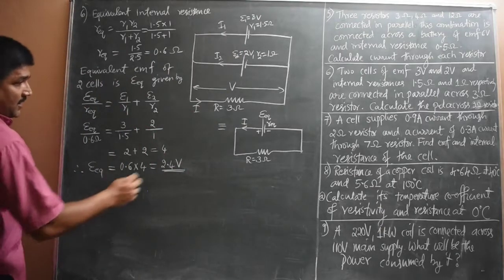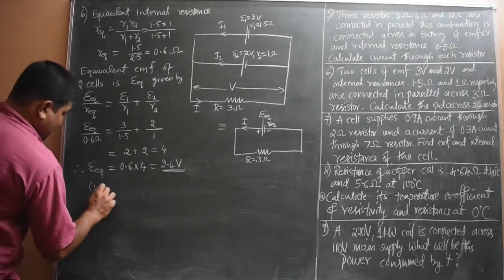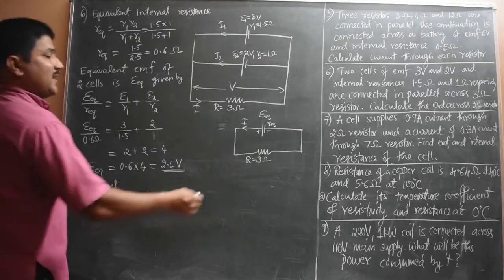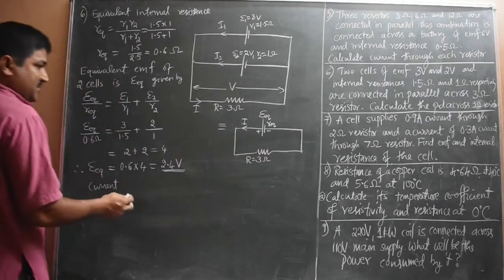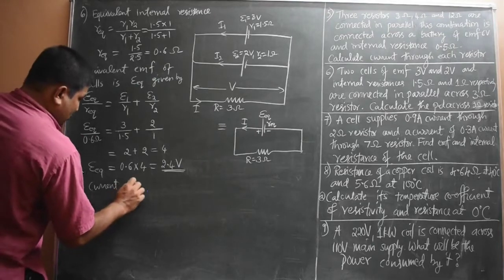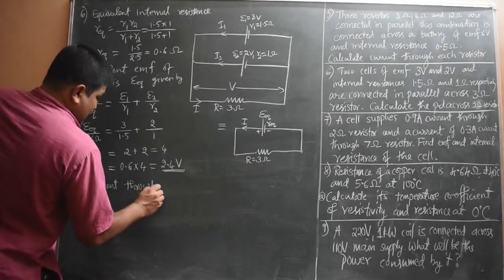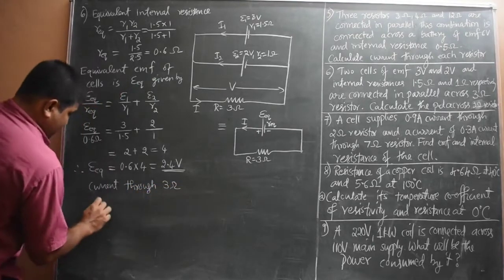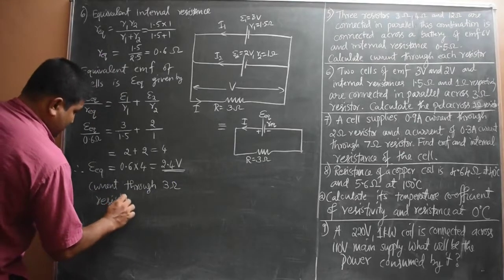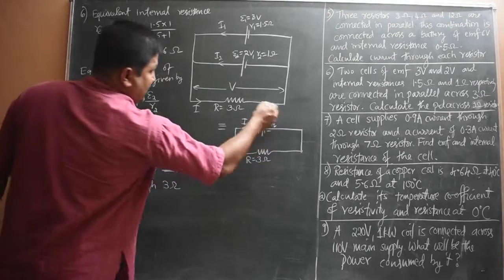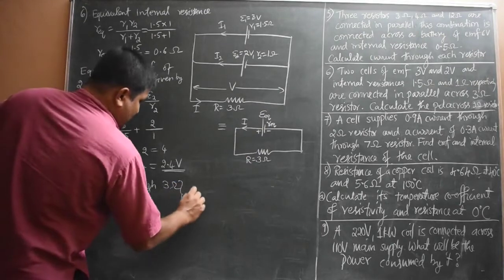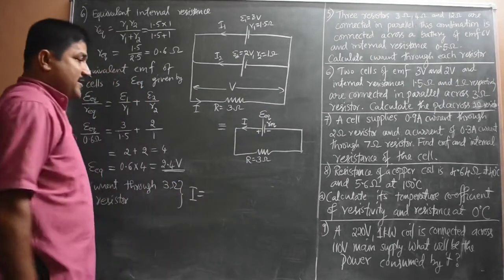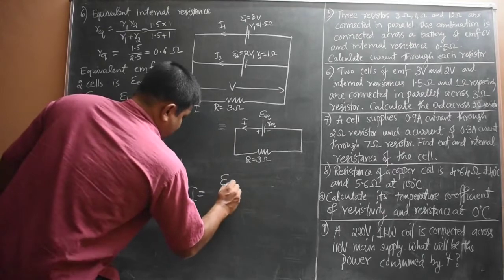So the current given by the equivalent cell is the same current that flows through the external resistor of 3 ohm. I said, current through the 3 ohm resistor is the same as the current drawn from the equivalent cell. So I expression is I equal to epsilon EQ.